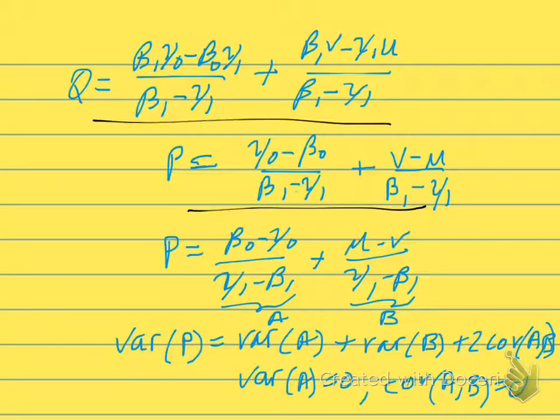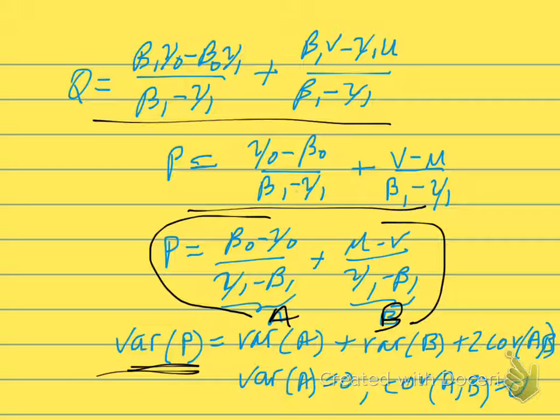Now, notice that P is equal to these two terms, which we'll just call A and B. So if we were interested in the variance of the price, that's the variance of term A plus the variance of term B plus 2 times the covariance of A and B. But notice that term A here, these are all just parameters.